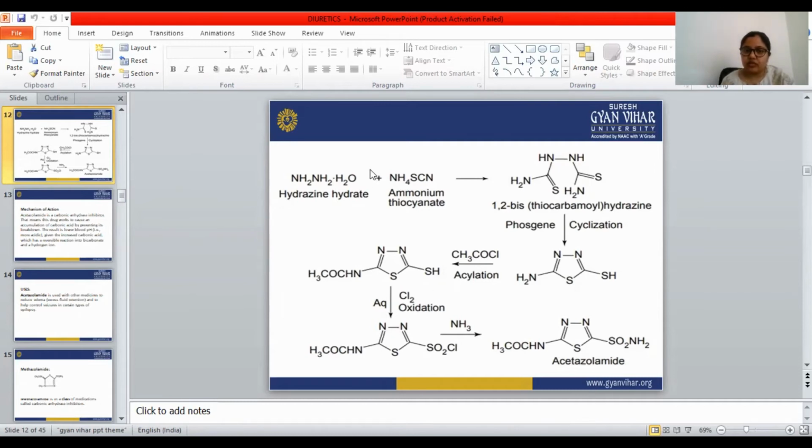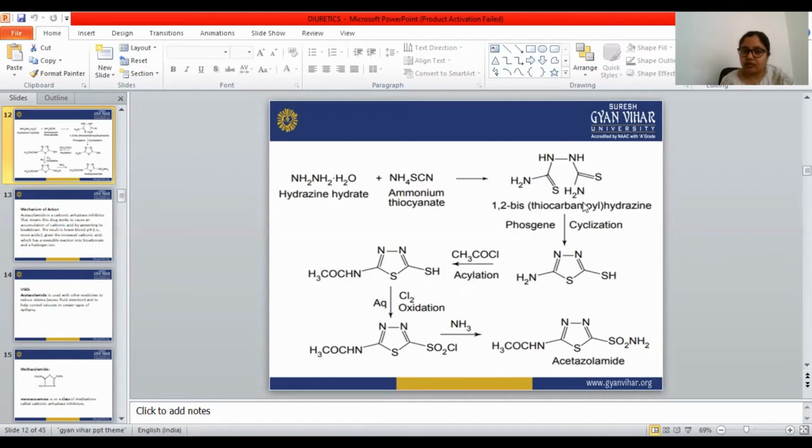In this reaction, the NH2 here, after that H2O is removed and the NH comes here, then SCN. So this forms 1,2-bis thiocarbamyl hydrazine.